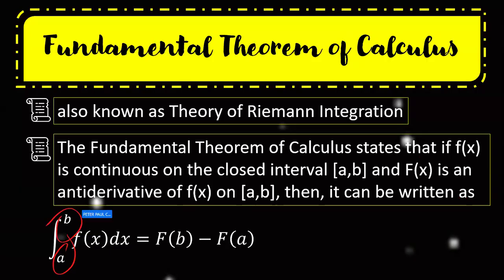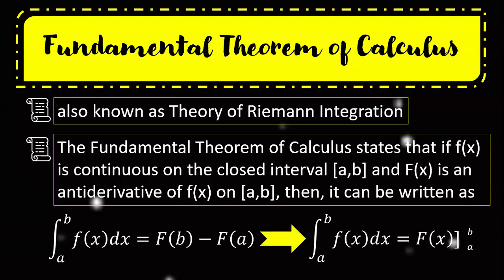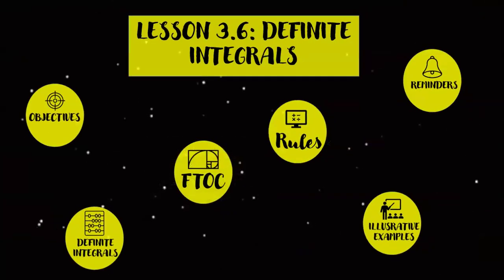These are the boundaries. f of x dx is equal to, this is the fundamental theorem, we subtract the function of b minus the function of a. Or in short, we get the antiderivative upper values minus the lower values. When we apply this one, you'll better understand the fundamental theorem of calculus.